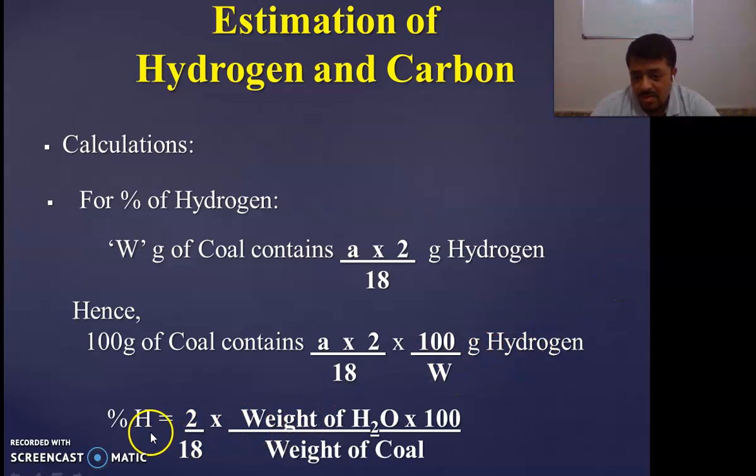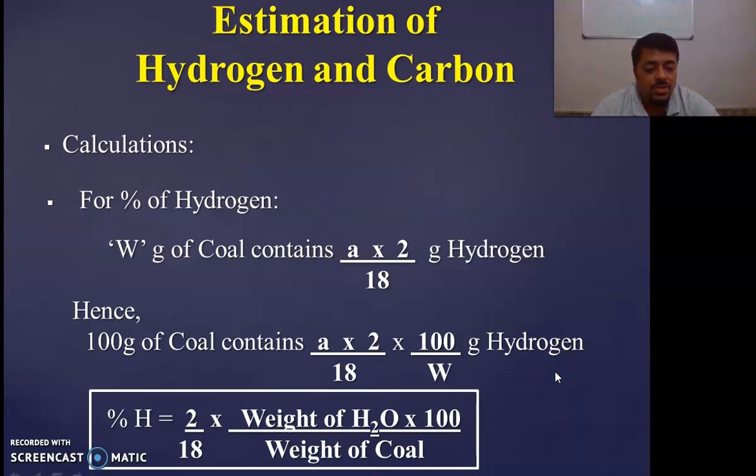So the formula for percentage hydrogen is 2 divided by 18, multiplied by A, the weight of H2O generated, multiplied by 100, divided by W, the weight of coal sample taken for the experiment.